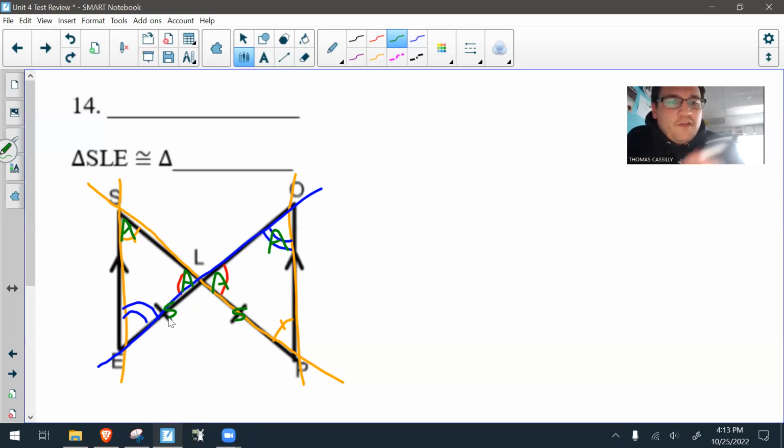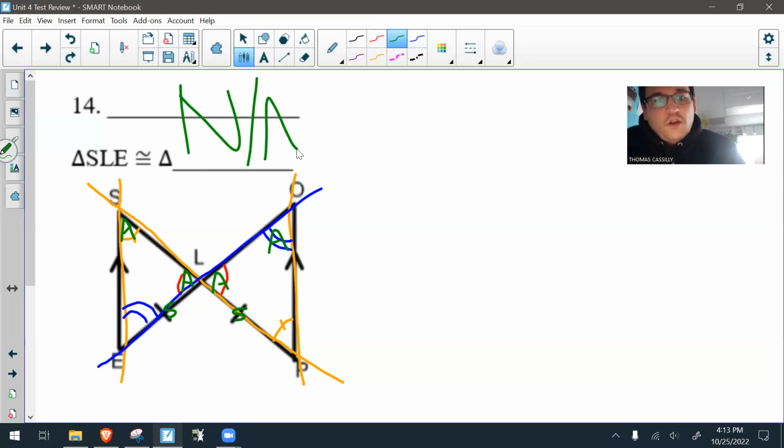So if you look at the left triangle, that would be like an ASA. And if you look at the right triangle, that would be AAS. So this one actually does not work. You can't say, oh, the left triangle is ASA and the right triangle is AAS. They have to be the same kind of thing. Those corresponding pieces are not matching up.